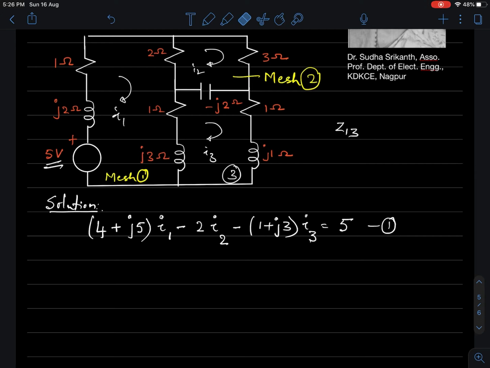The first element in the second equation is Z21, that is the impedance common between the second and the first.